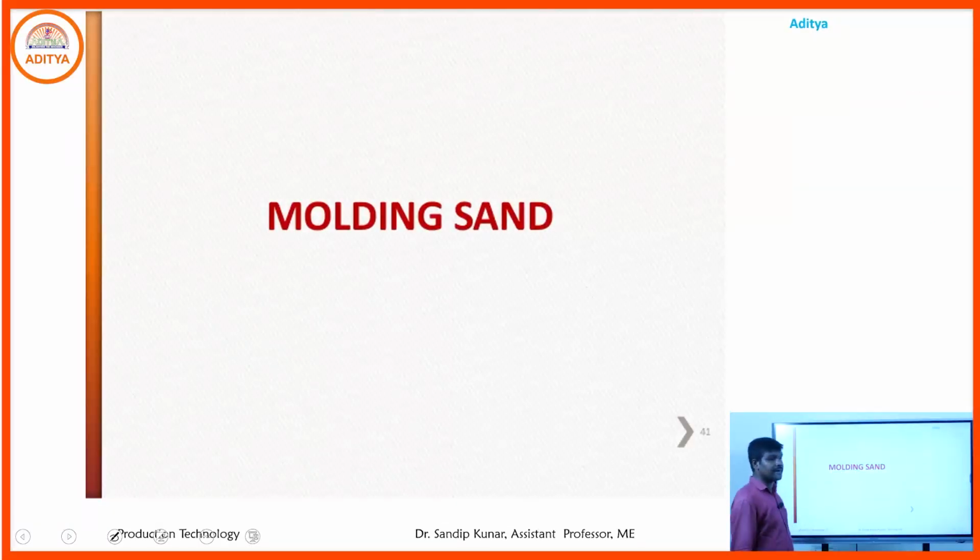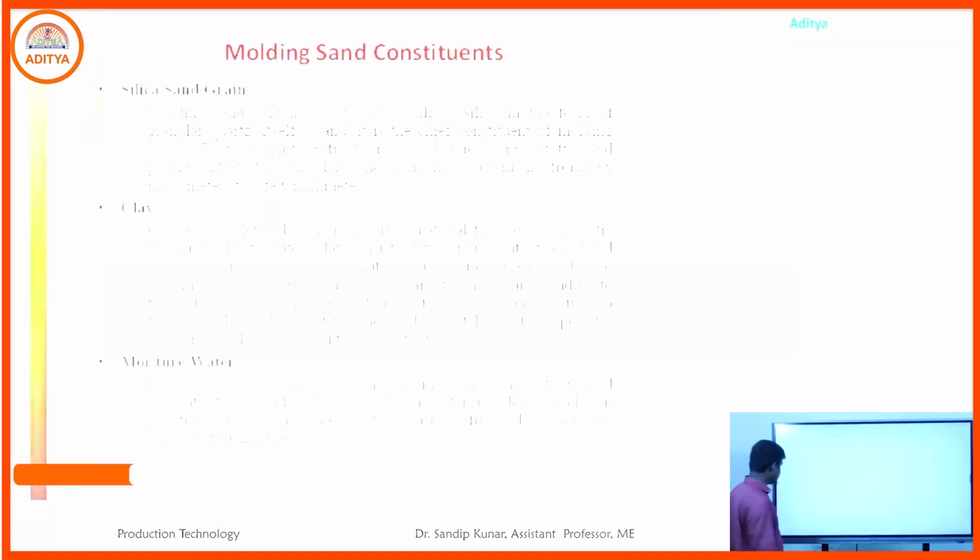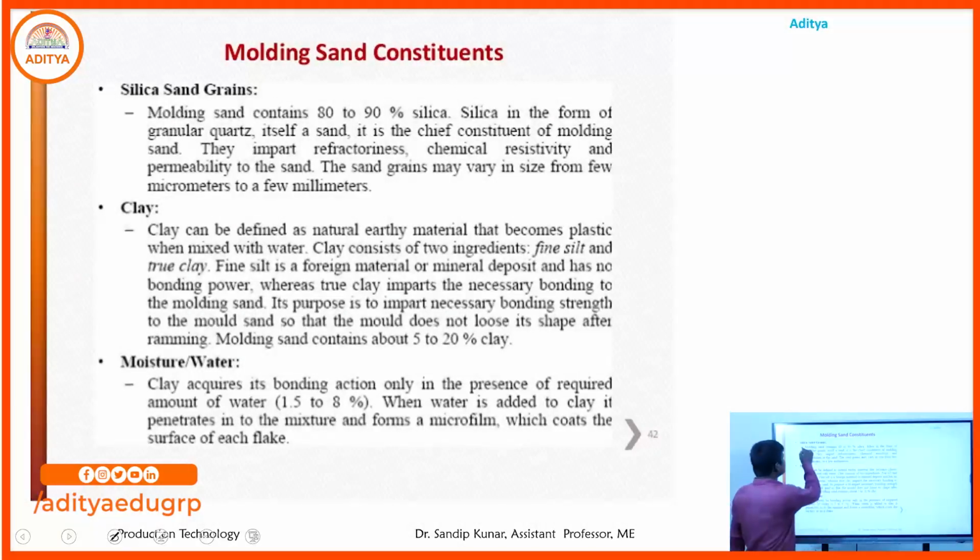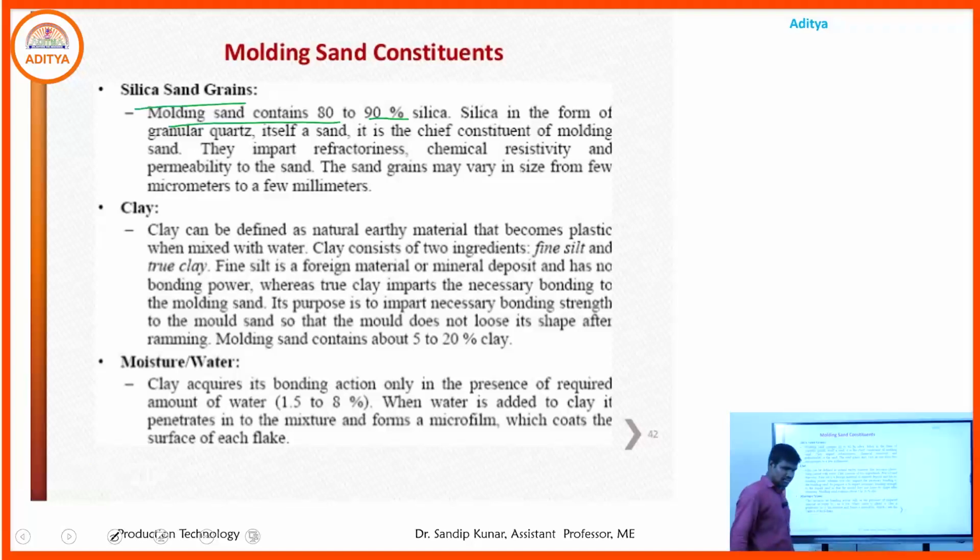Molding sand is the most important part of the casting process. So what are the main properties of the molding sand? First, silica sand grains. Molding sand contains 80 to 90% silica, in the form of granular quartz, which itself is called sand.